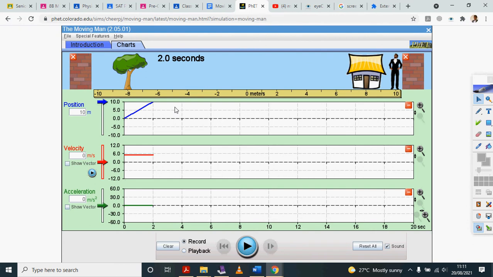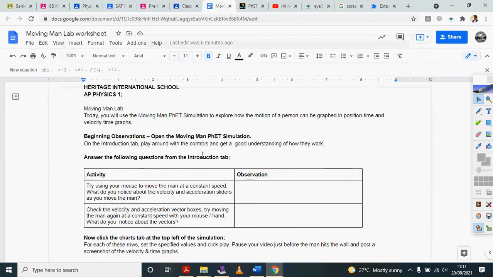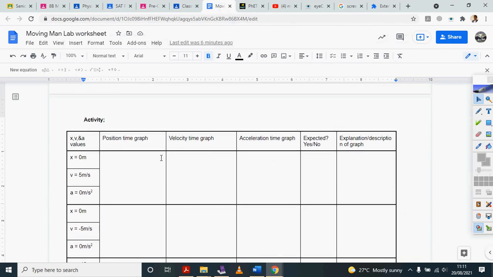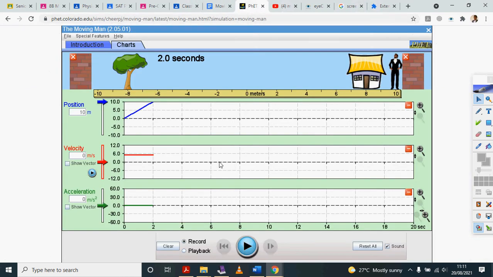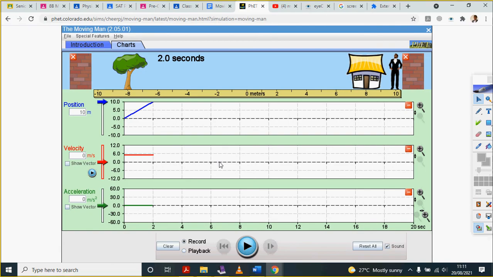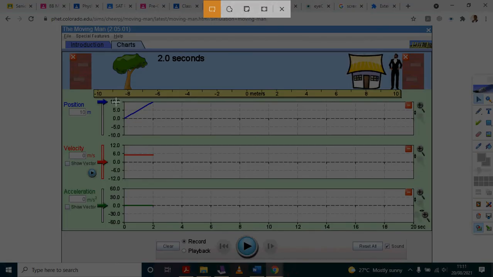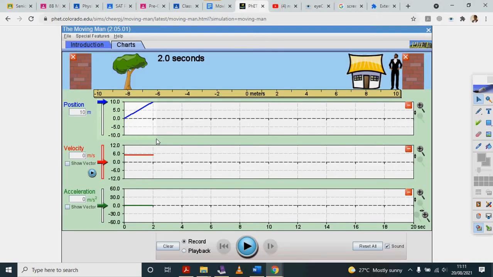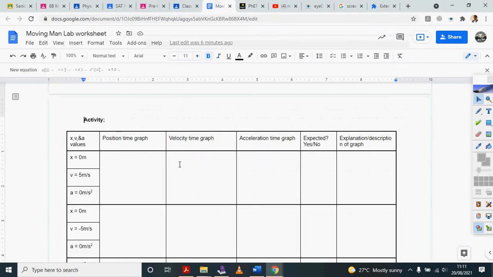And once you do this, you go to this worksheet, and then you'll post a screenshot. And I showed you how to do it. Once you push Windows plus Shift and S, this happens. And then you just take a screen clip of that area. It will be copied automatically, and then you can just paste it here, Control V. So that's all you have to do, right?